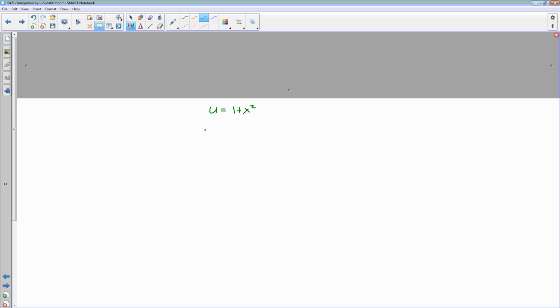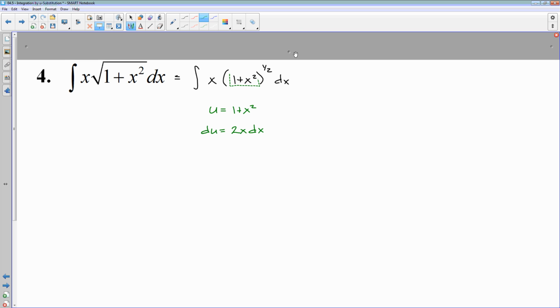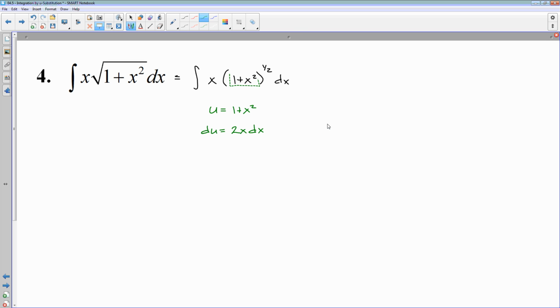So if u is 1 plus x squared, well, what's the derivative of 1 plus x squared? Derivative of 1 is 0, x squared is 2x. We'll tack on the dx. And so that is my du. Now that I have found du, I go back and I look at the rest of the problem, and I try to find du in the problem.